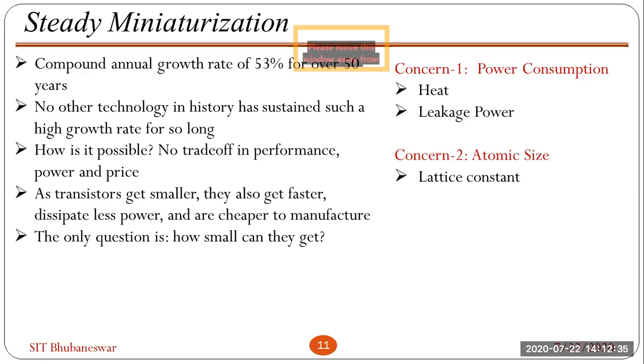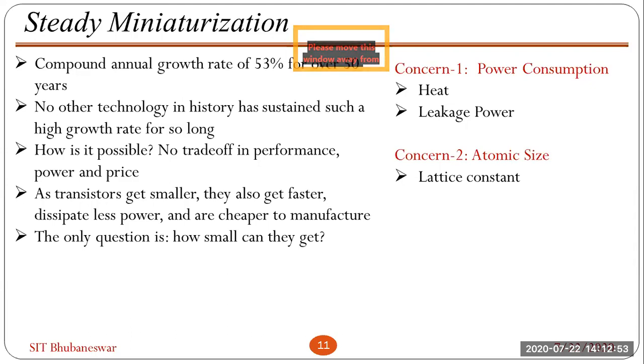No, sir, I don't know, sir. MOSFET, gate to source: if the gate to source voltage is more than the threshold voltage of the transistor, it will turn on. On means the current will flow from drain to source.